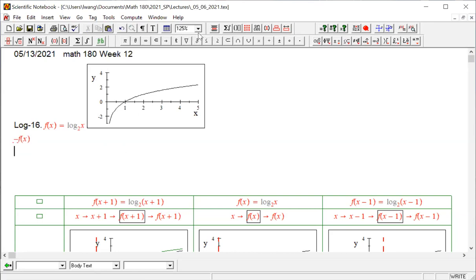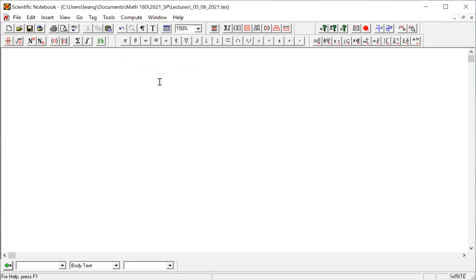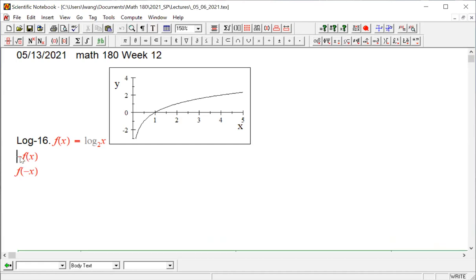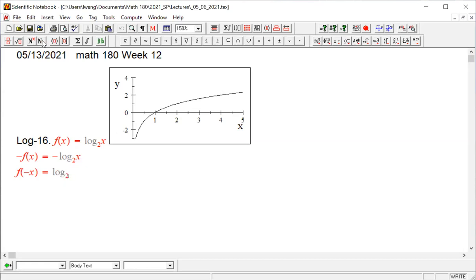Let me make it larger. You're going to do these two functions, f of negative x. This is a little tricky. One negative sign is outside, the other negative sign is inside. The consequence is that one is negative log base 2 of x, and the other one is log base 2 of negative x.